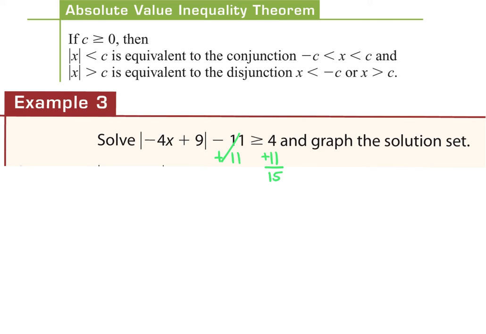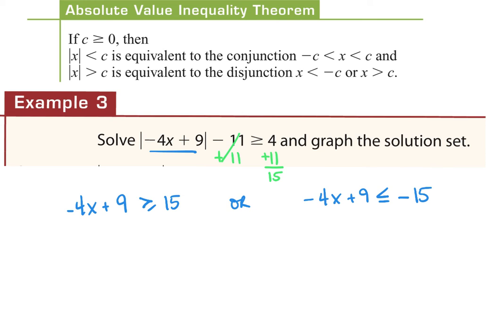This one is greater than, so this is going to be an or. So I'm going to say the inside then, negative 4x plus 9 is greater than or equal to 15. Or the inside, negative 4x plus 9, is less than or equal to negative 15. Flip your greater than, less than, negate your outside.